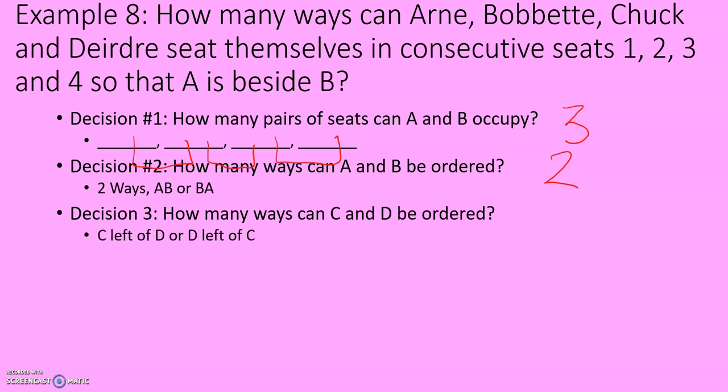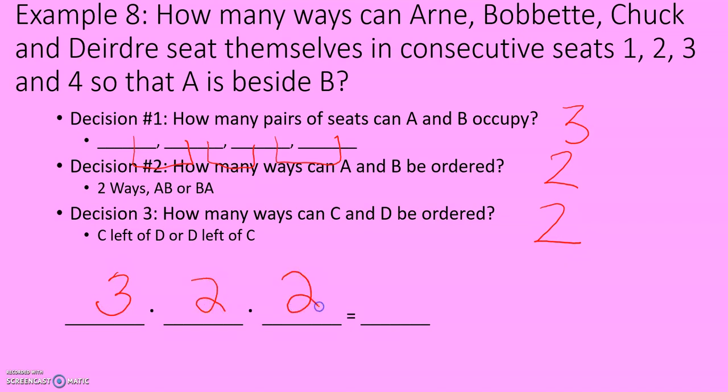C can be to the left of D, or D can be to the left of C. So 2 different ways. 3 times 2 times 2 equals 12 different ways they can be seated.